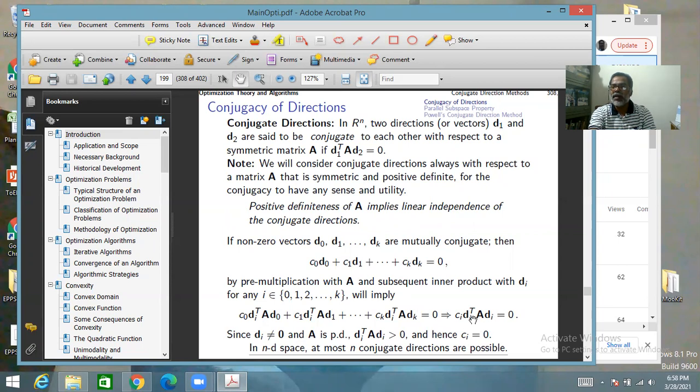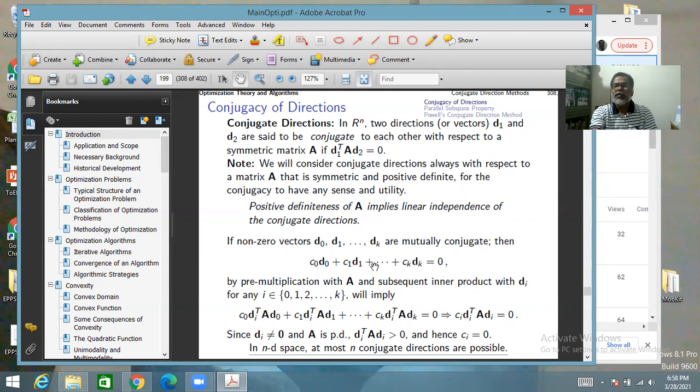Now since the two are the same, this is not 0. Rather, we know that this is positive because the matrix A is positive definite. So this is the role of the positive definiteness of the matrix. In that case, di transpose A di becomes positive, so ci has to be 0. And that applies for each i.